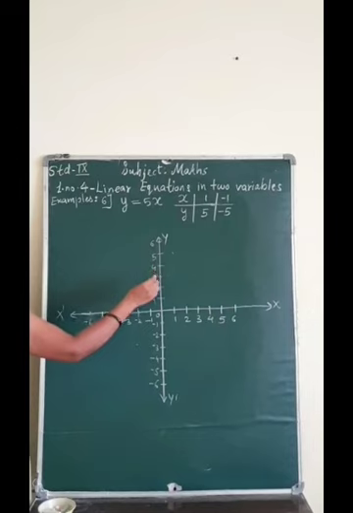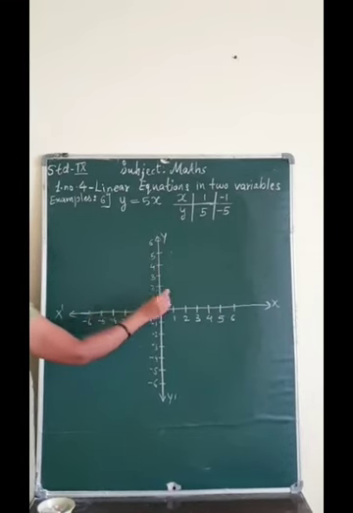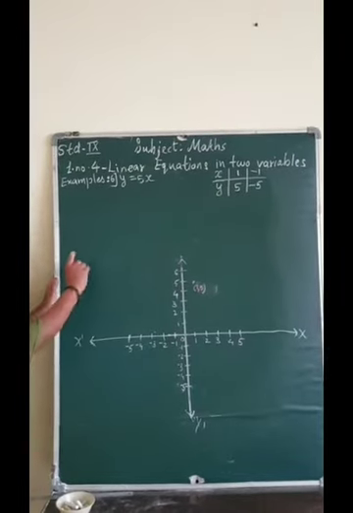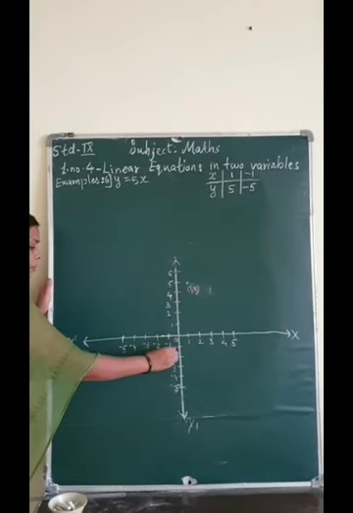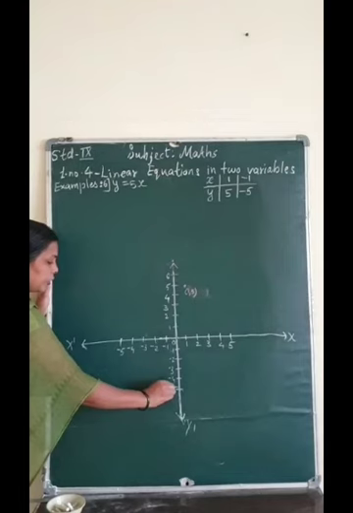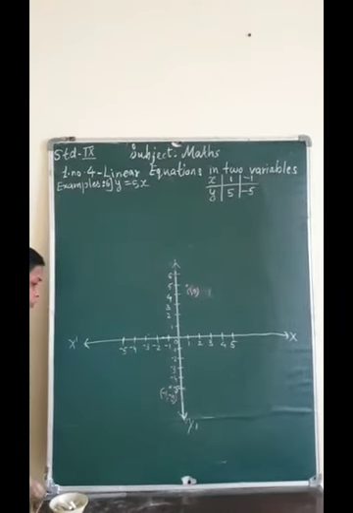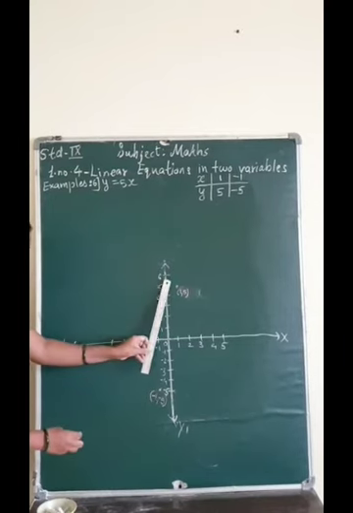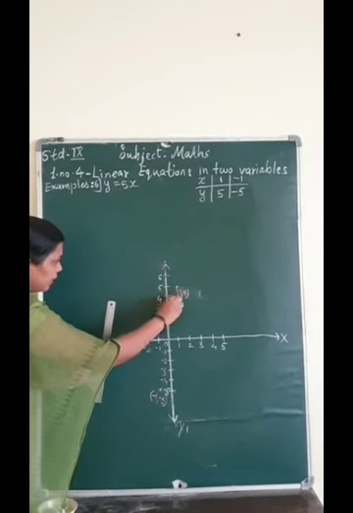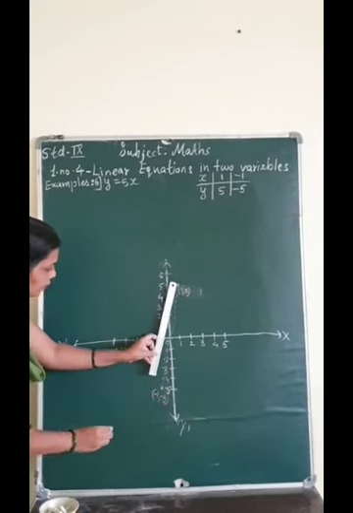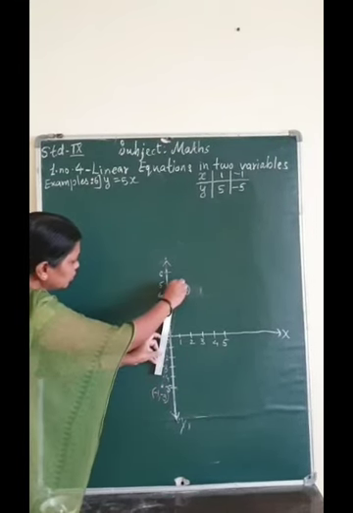So the first point has coordinates (1, 5). The next point has coordinates (minus 1, minus 5). Now if you join these 2 points, you will get a line passing through the origin.